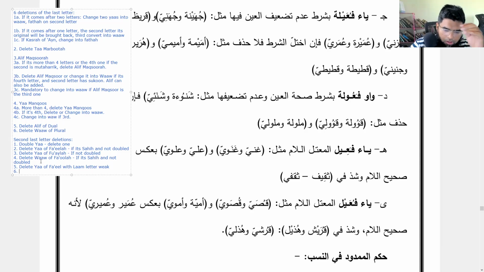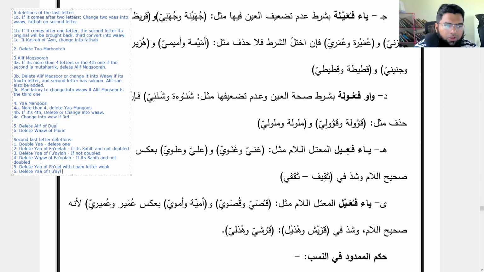Then the last, sixth one, fu'ail rule. Already he taught us about fa'ila. So fa'ila, fa'il, fu'aila, fu'ail, and fa'ula. If you have to remember all the six rules: the ya of fu'ail, if it is mu'talul lam, delete the ya of fu'ail.